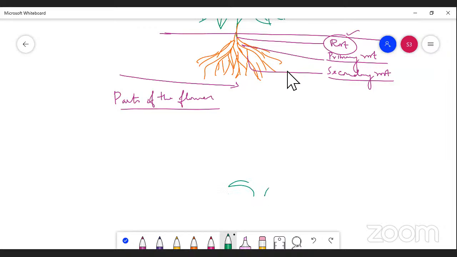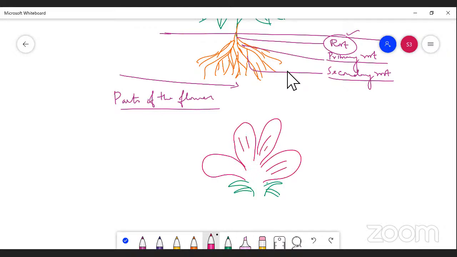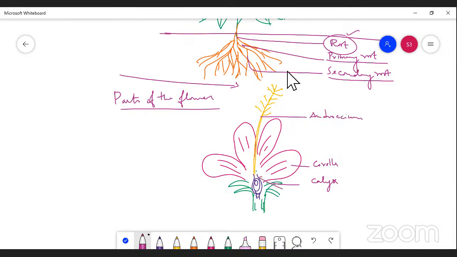First one, calyx, then corolla, androecium, and gynoecium.